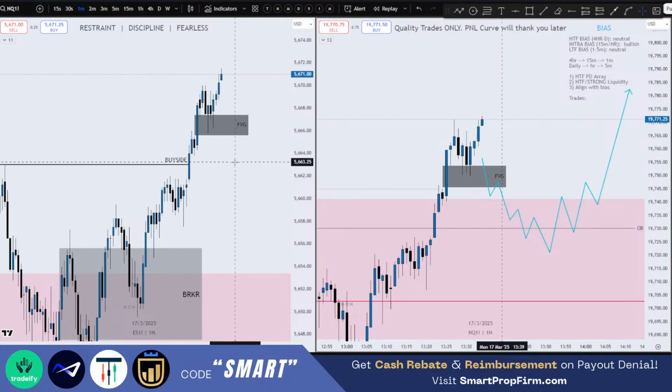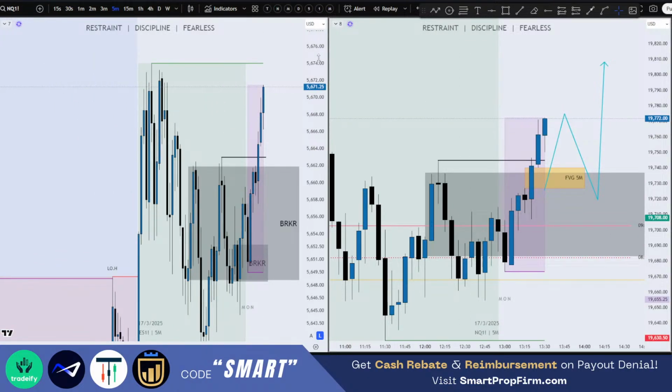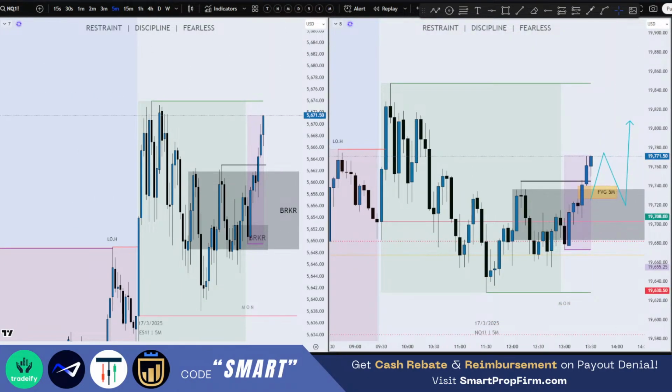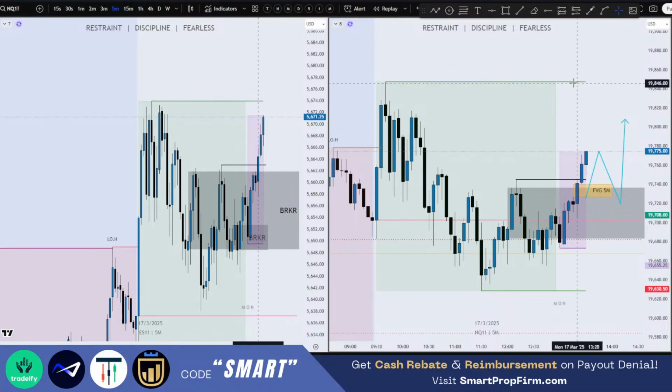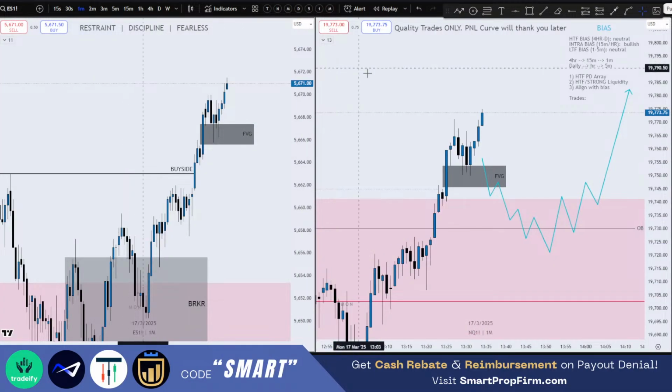Just holding very well. We're getting close to high of day on ES. NQ's just a step away still, but the delivery is not choppy anymore. We're getting actually continuous delivery here. Look at that big push here.